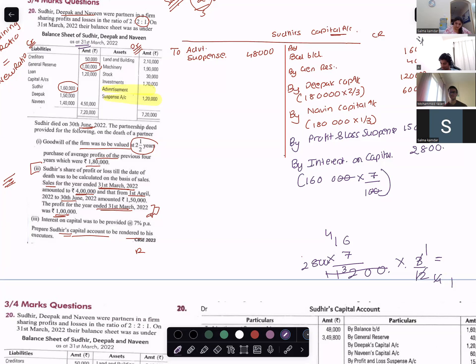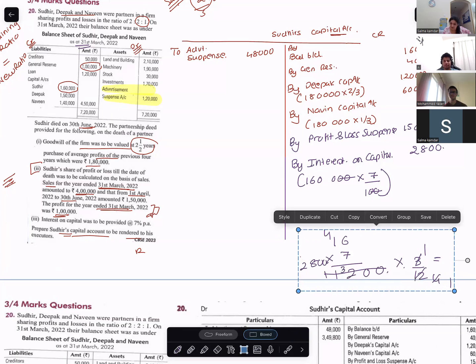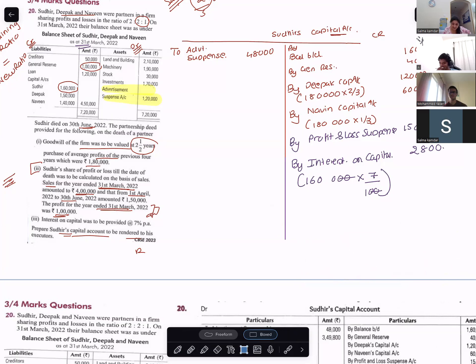Okay. Are you with me? Yes. The balance is to be transferred to his executor's account. So whatever is the closing balance, what will I write? To balance transferred to Sudhir's executor.